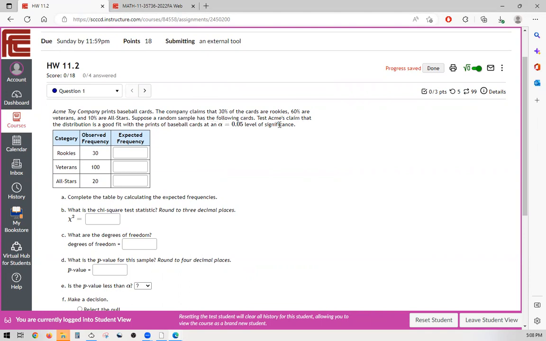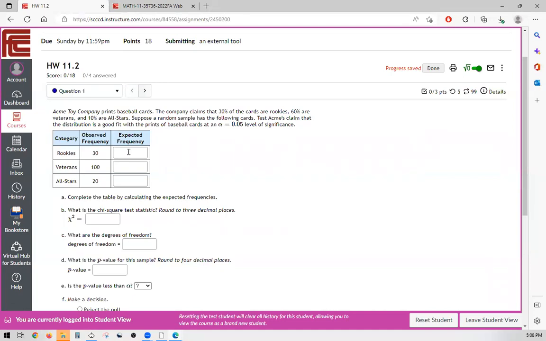Test Acme's claim that the distribution is a good fit with the prints of baseball cards at an alpha equals 0.05 level of significance. So what we have here are the observed frequencies for the number of rookie cards, veteran cards, and all-star cards.